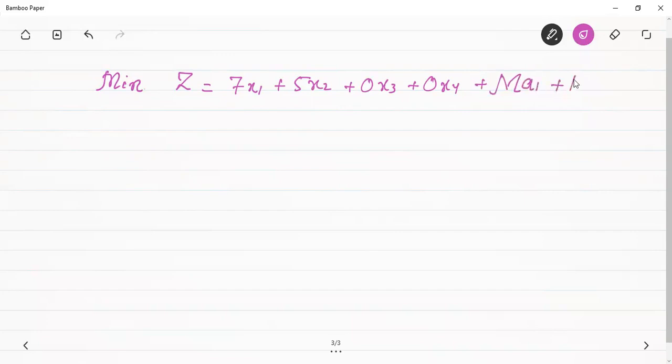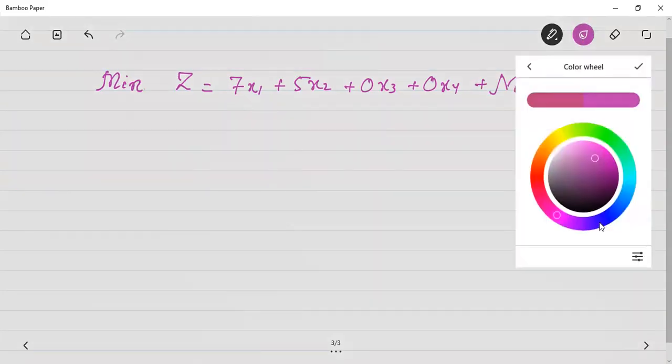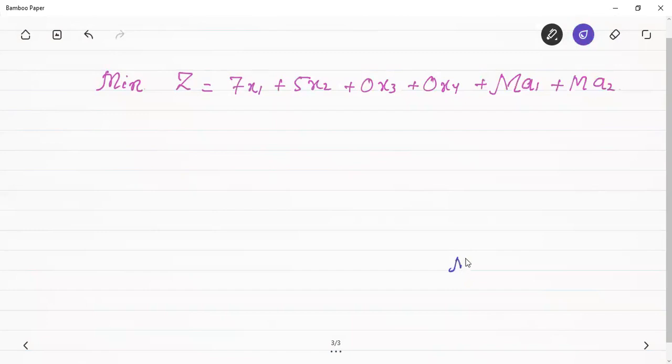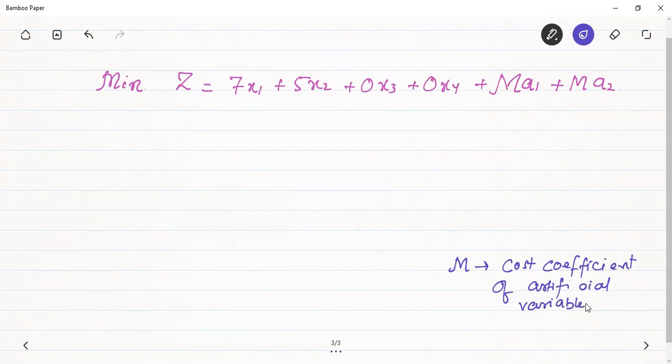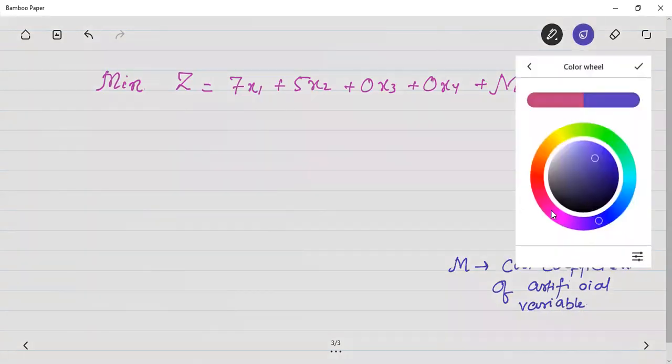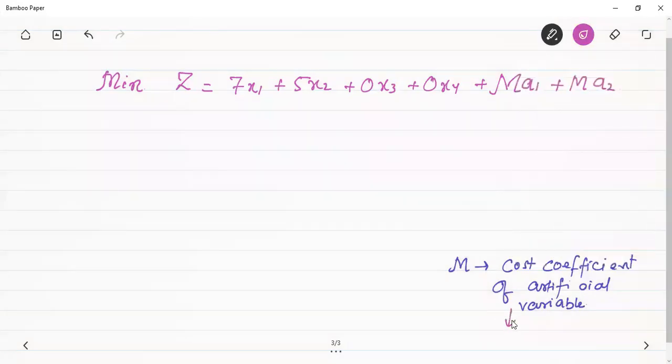This M is the cost coefficient of artificial variables, and it is a very huge number, a very large number.